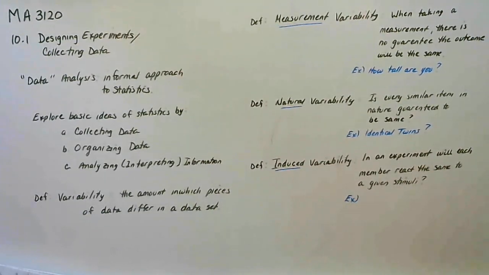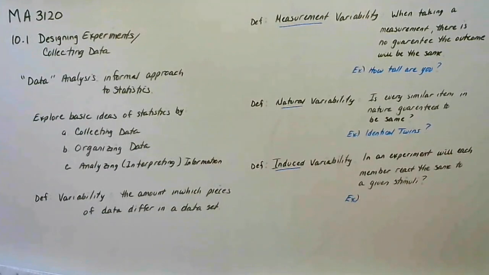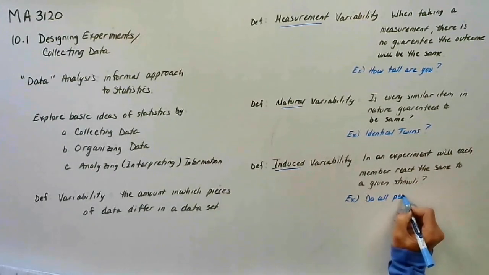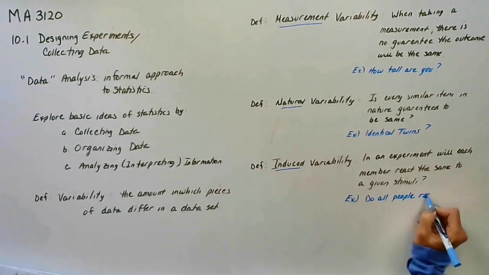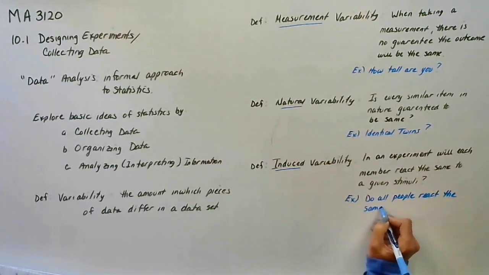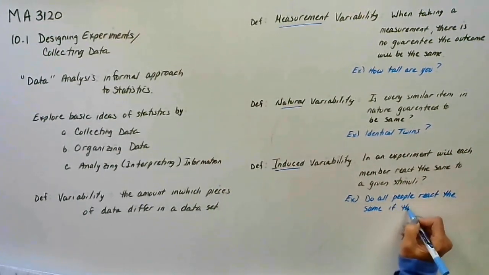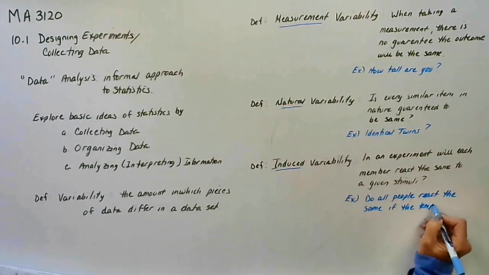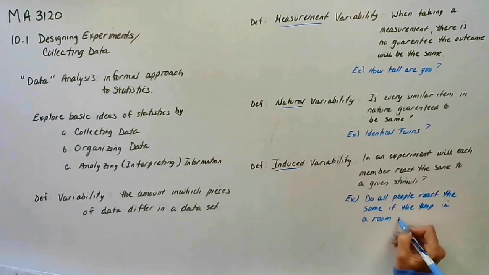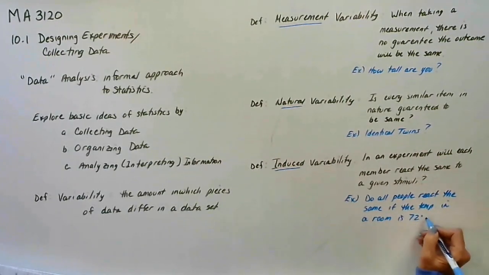All right, think of your classroom. If you had a 72-degree classroom, some people might find that too warm. Some might find it too cold. So does everyone react the same? Do all people react the same if the temperature in a room is 72 degrees Fahrenheit?